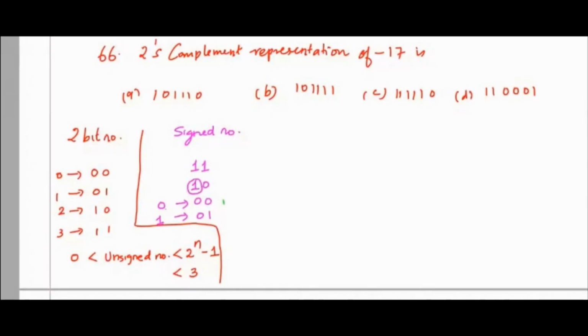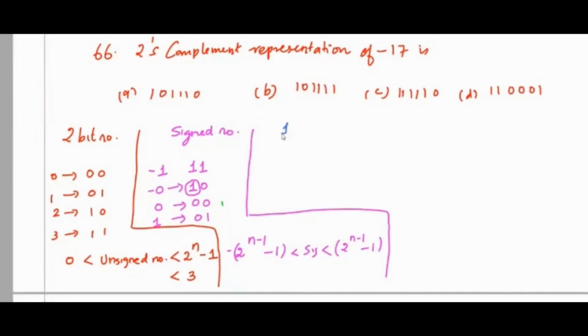So for the signed number, 11 is, since the MSB is 1, minus 1. Next, 10 is minus 0, and 00 is 0 since the MSB is 0, and 01 is 1 because here also the MSB is 0. So the formula is minus of 2 power n minus 1 minus 1, and it ranges from this one to 2 power n minus 1 minus 1.